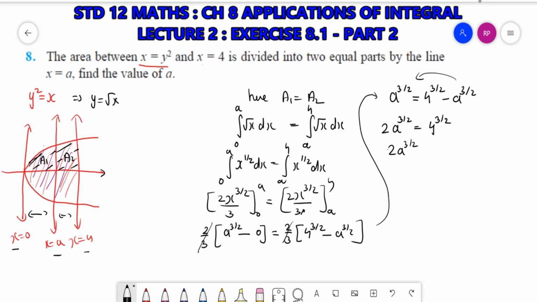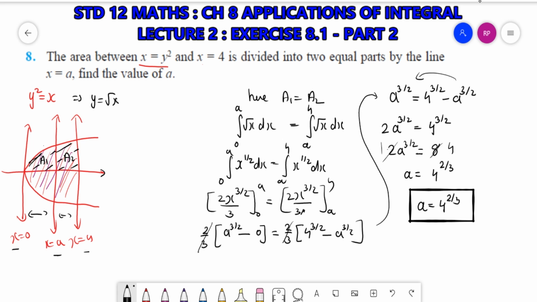Now square root of 4 is 2 and 2 cube, that is 8. So 4 raised to 3 by 2 is 8. 2 ones are 2, 2 fours are 8. A raised to 3 by 2 equal to 4. So a will be equal to 4 raised to 2 by 3. So hence we get the value of a as 4 raised to 2 by 3.